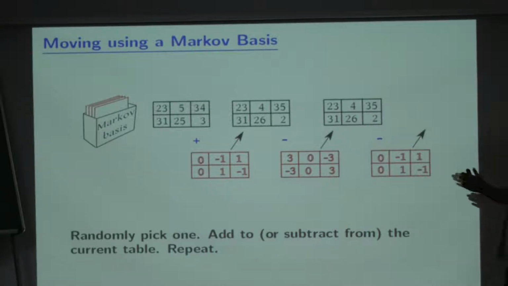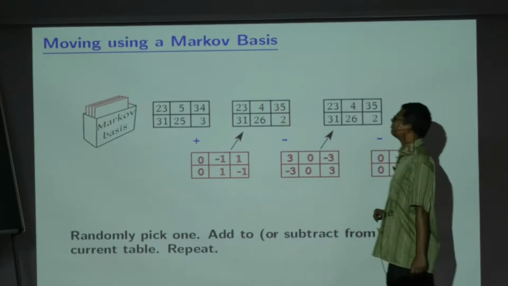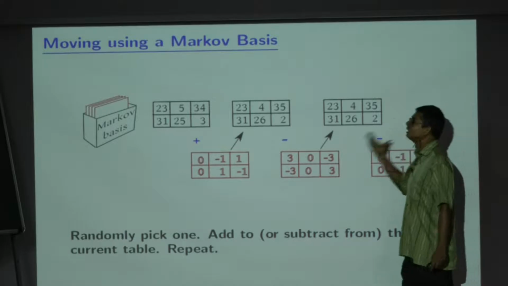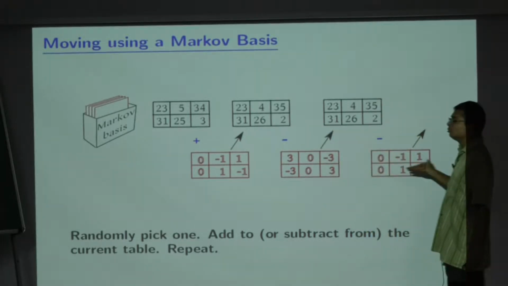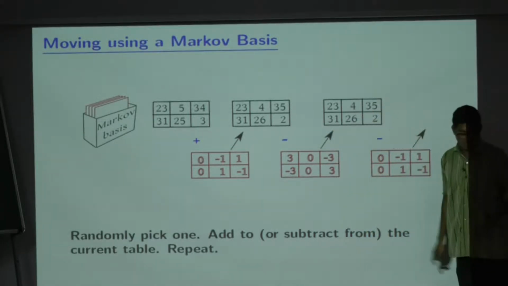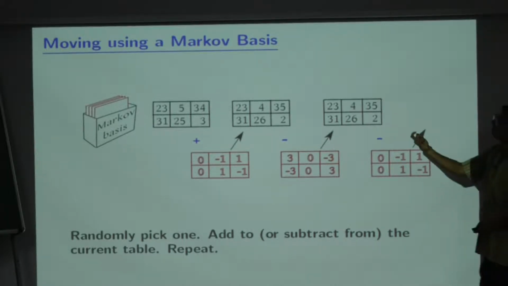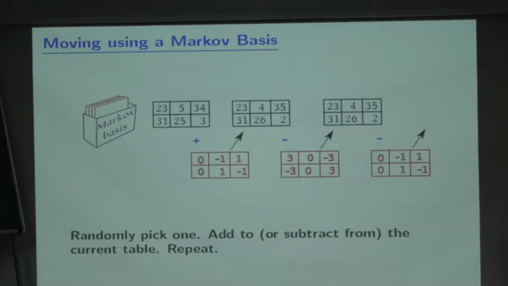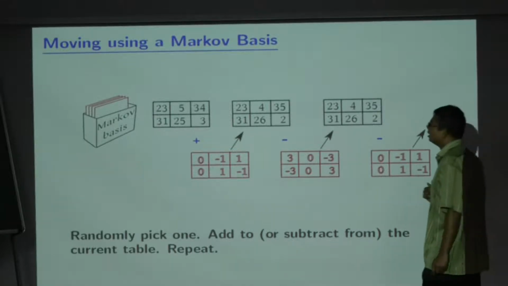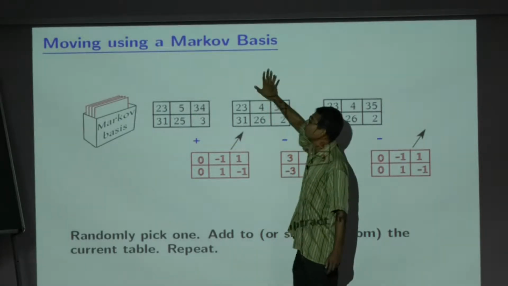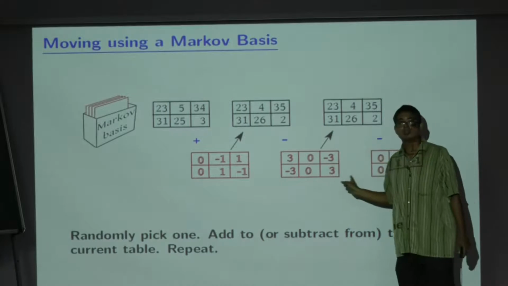We have a bunch of things, a finite set, and in this way, I want to generate one random table, step by step. Pretty easy to do using a computer. This is just some finite set of tables, and that is called a Markov basis. Now, based on our puzzles, we already know that this will work provided we have a guarantee that we can move from any table to any such table with the same marginals using only these steps.